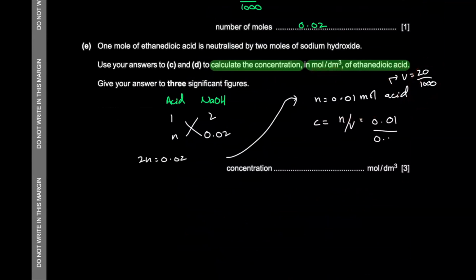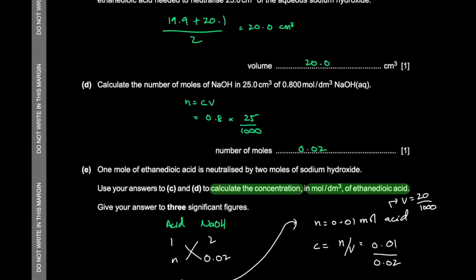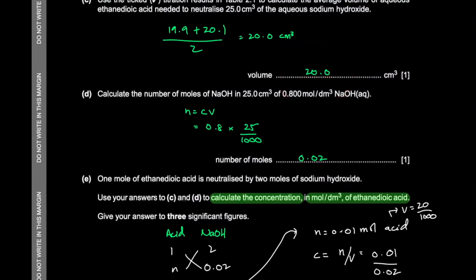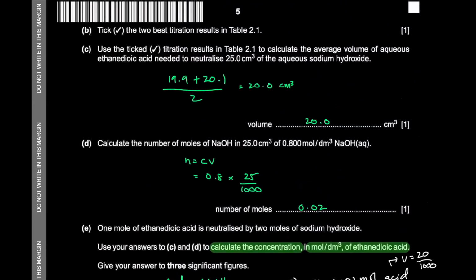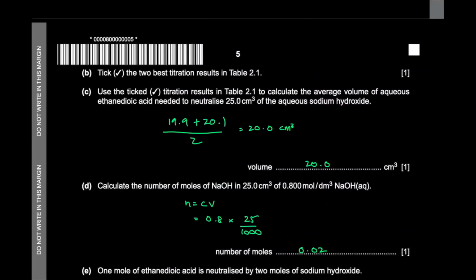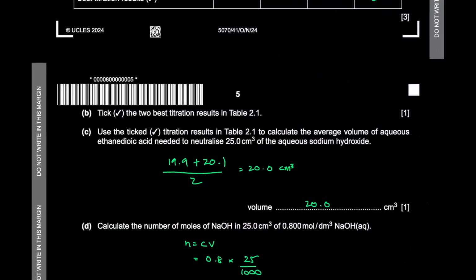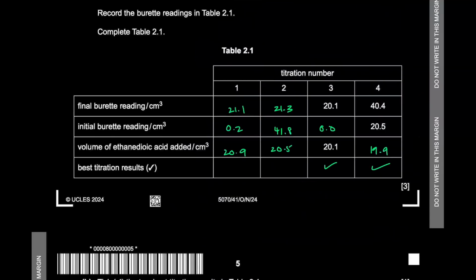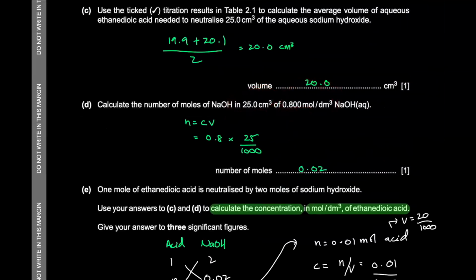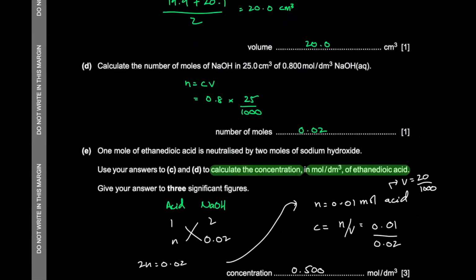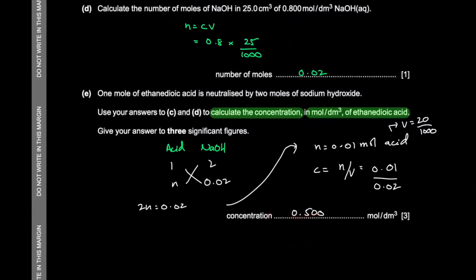So divided by 0.02. And we get the concentration as 0.500 moles per decimeter cube. We're getting it to 3 significant figures, because everything is given to 3 significant figures, the sodium hydroxide volume and concentration. So the concentration of acid comes up to 0.500 moles per dm cube.